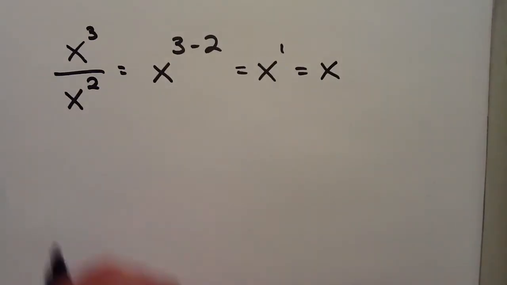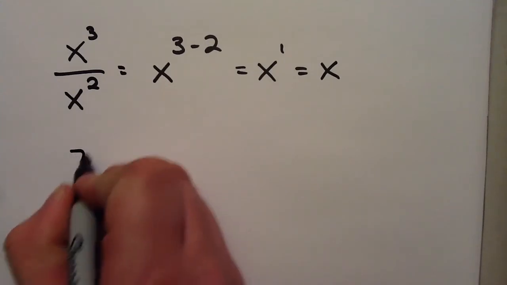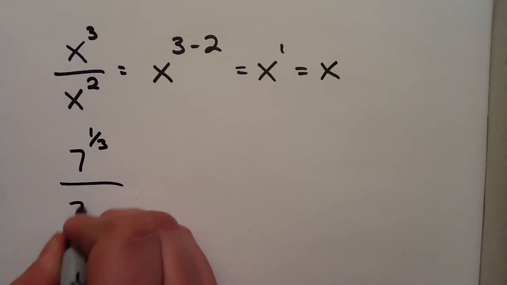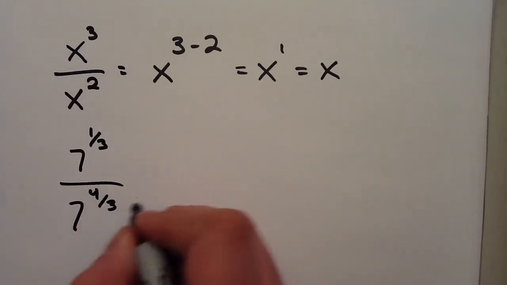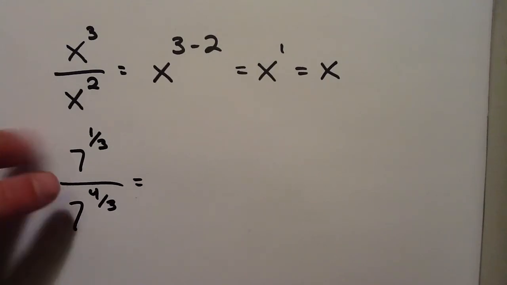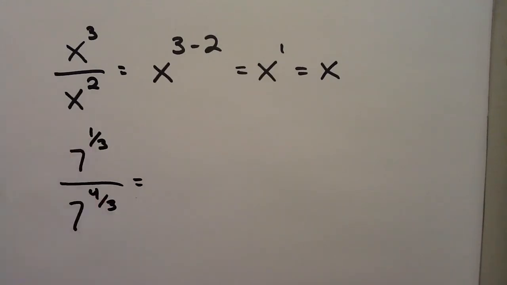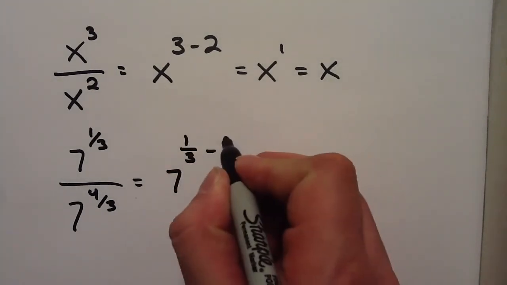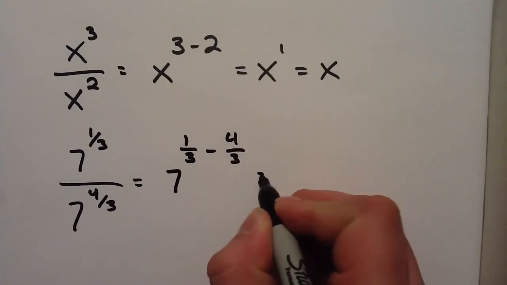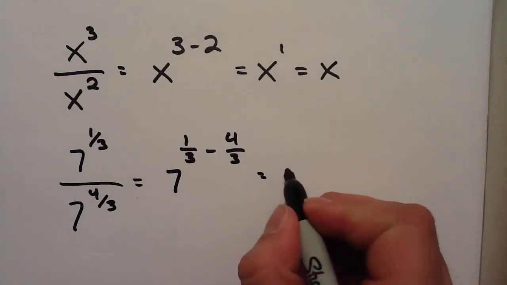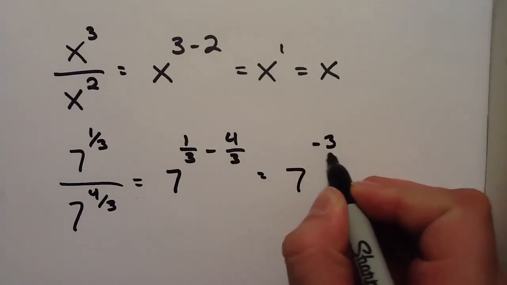Now to go over another one, we can say 7 to the 1/3 over 7 to the 4/3. Again, like bases, and I'm dividing, so I'm subtracting my exponents because I'm dividing. So I can say 7 to the 1/3 minus 4/3, which equals 1 minus 4 should give me a -3.